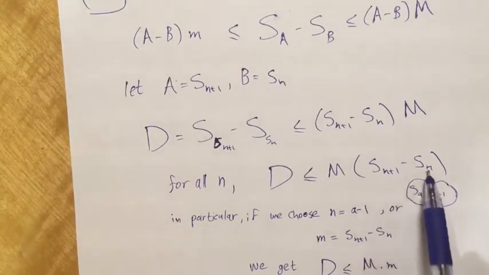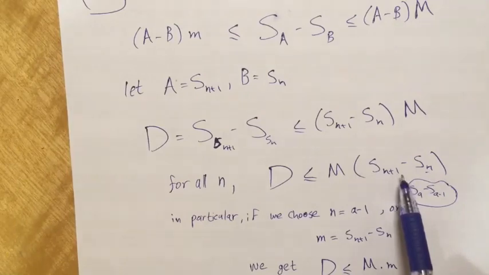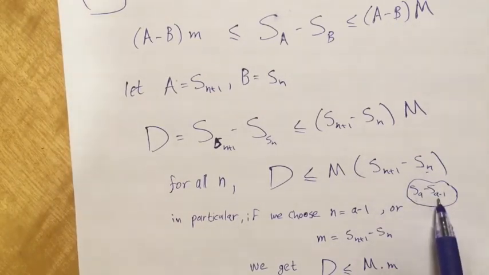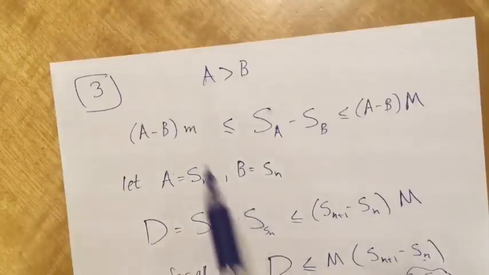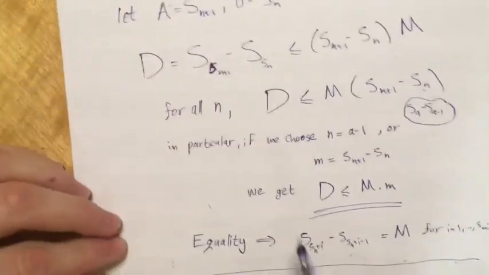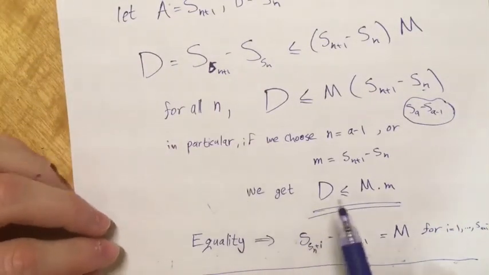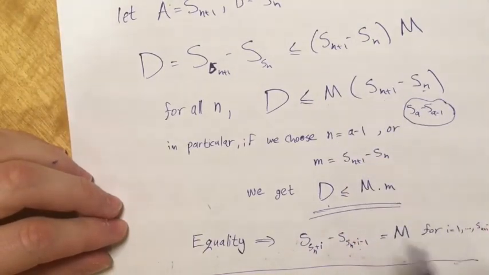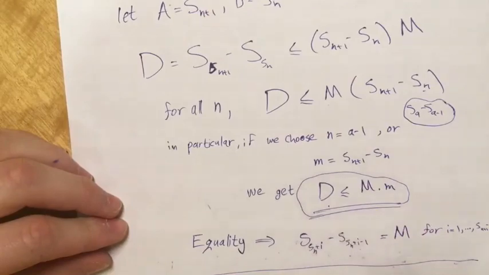So if we choose n to be A minus 1 here, then S of n plus 1 minus S_n is going to be the same as S_{A minus 1}, which is the smallest difference possible, small m. So what we get here is D is at most capital M times small m. Now this is a strong inequality.